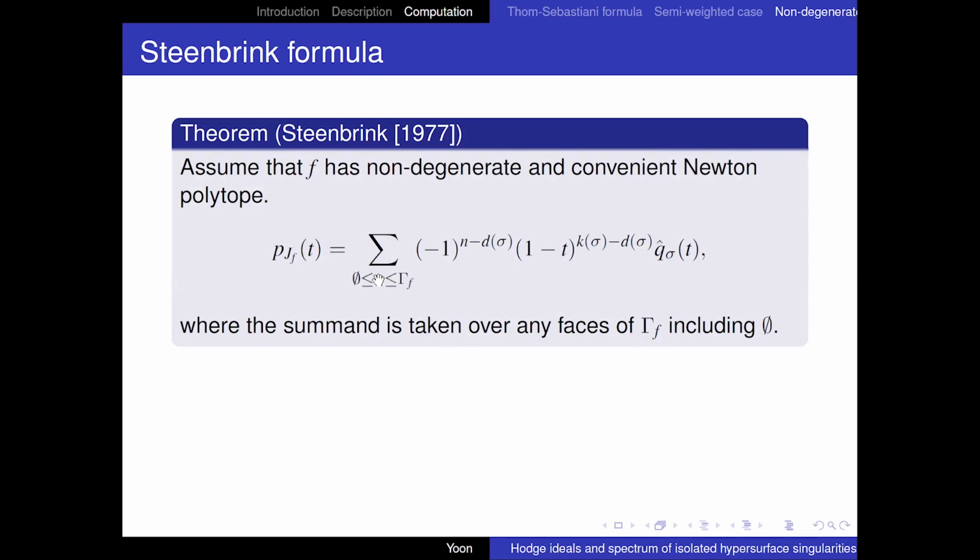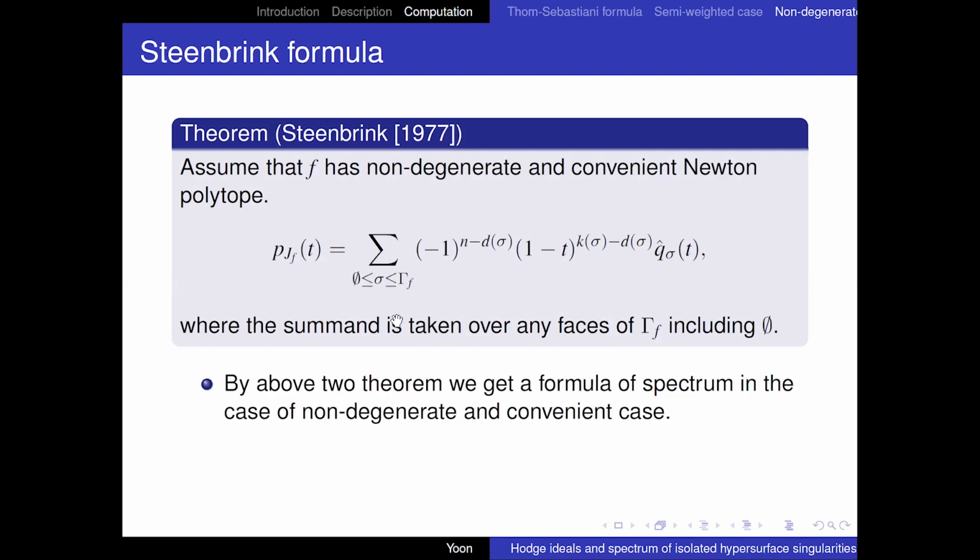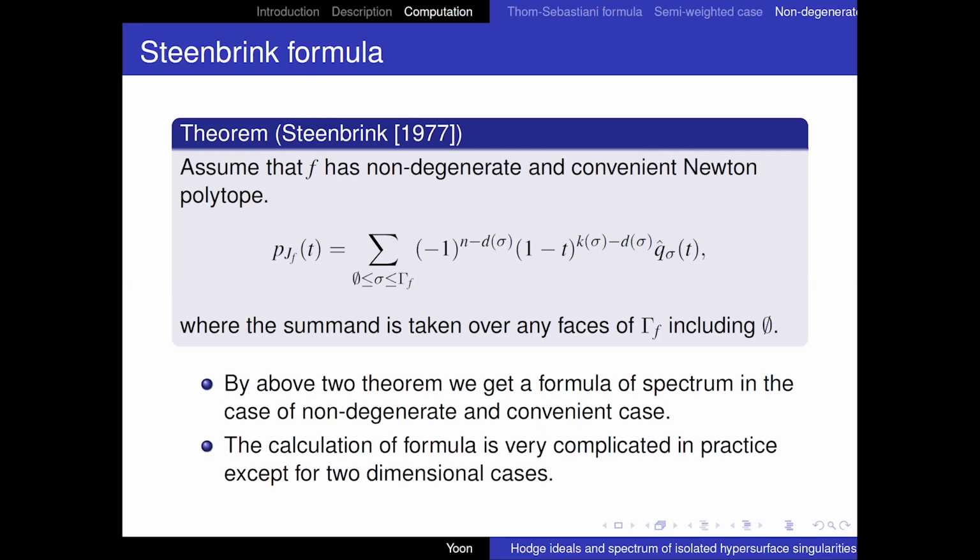We have to sum these terms for all the sigma. Here sigma includes the empty set and also the whole set. From these two theorems, we have a formula for the non-degenerate and convenient case. In practice, it's really complicated to calculate, except for two-dimensional cases.